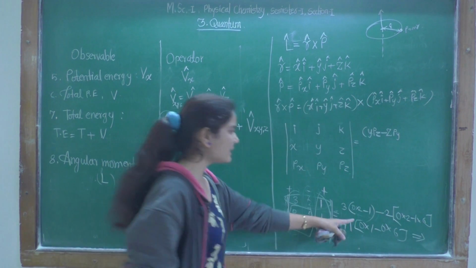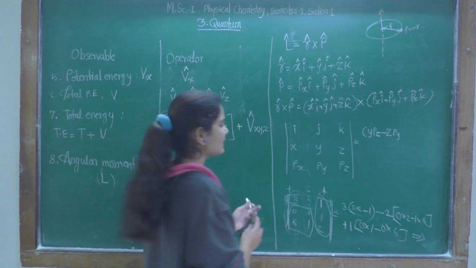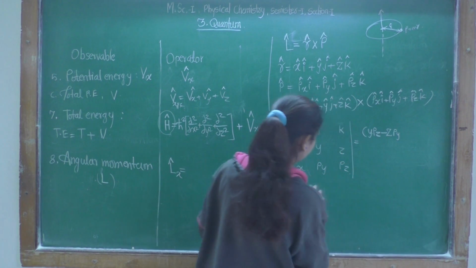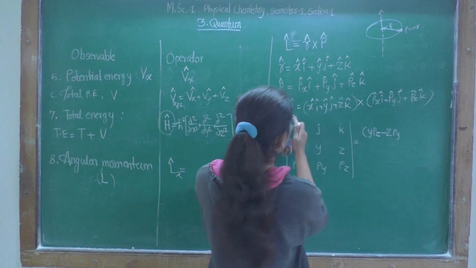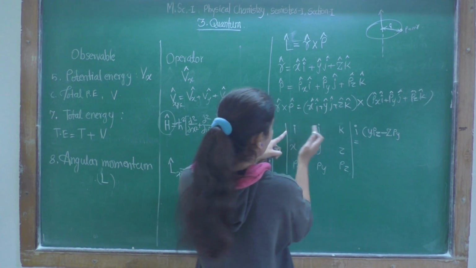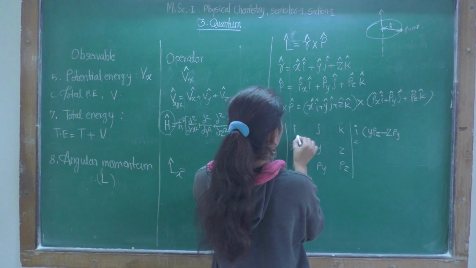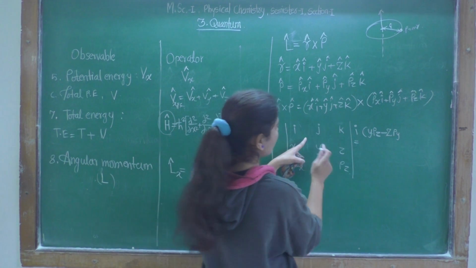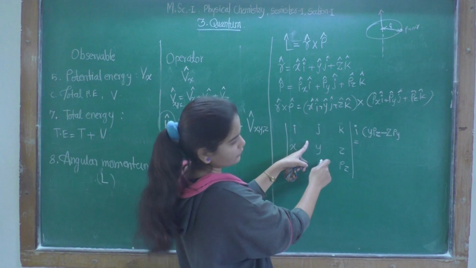In this way we will solve and get the answer. Similarly, we are going to do here: we take i outside, so this row and this column will be covered. Now we will cross multiply these two.